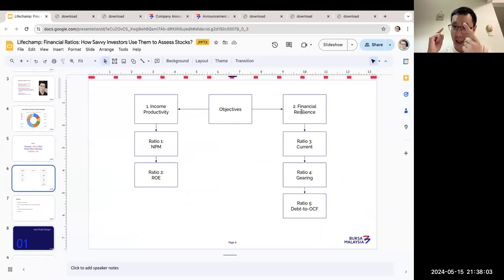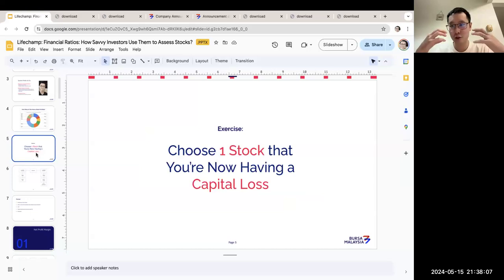So that is number one. And just now, if you were doing the exercise, you may have chosen a company where you are going through capital losses. If the company you chose is very good in terms of income production and balance sheet strength, then maybe your problem is valuation. That's the first one.